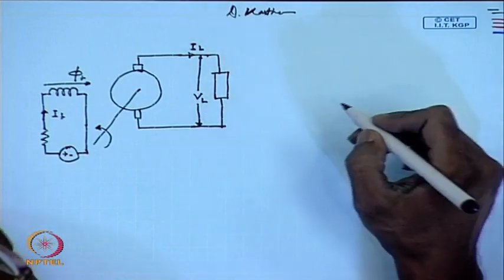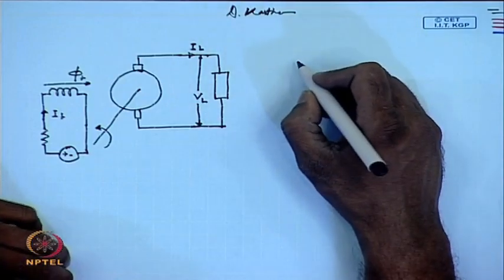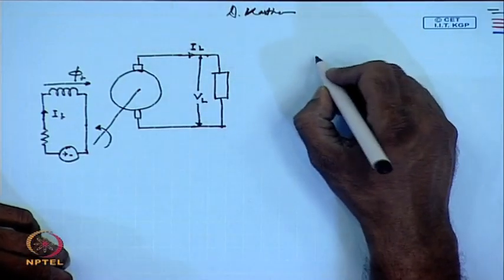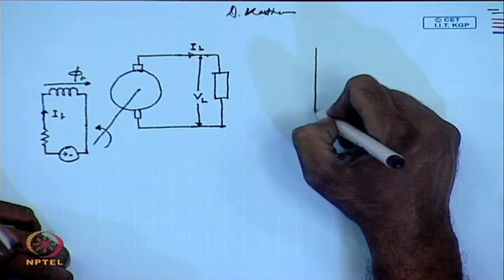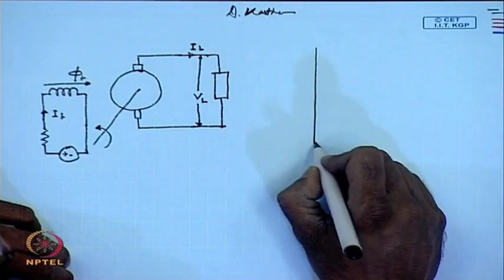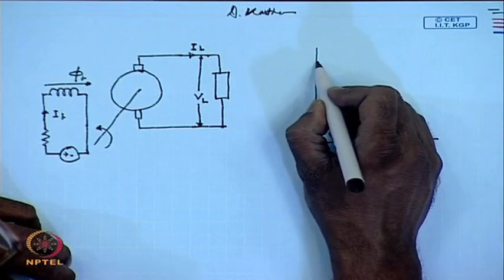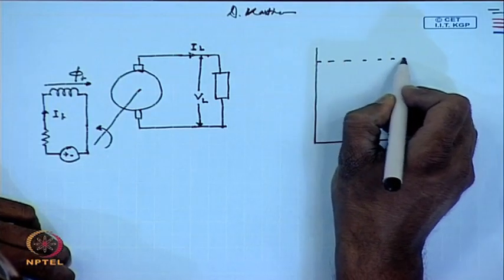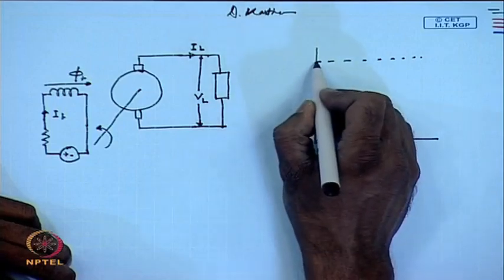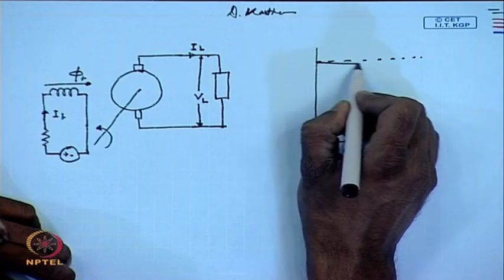And we have seen that the terminal voltage characteristics, the voltage current characteristics of this generator, is almost linear. If we neglect armature reaction, then it is exactly linear.